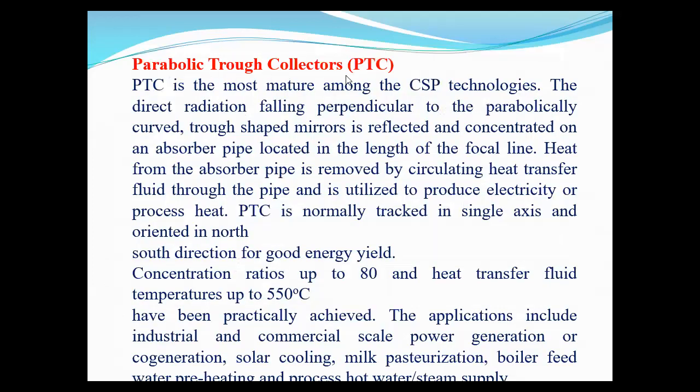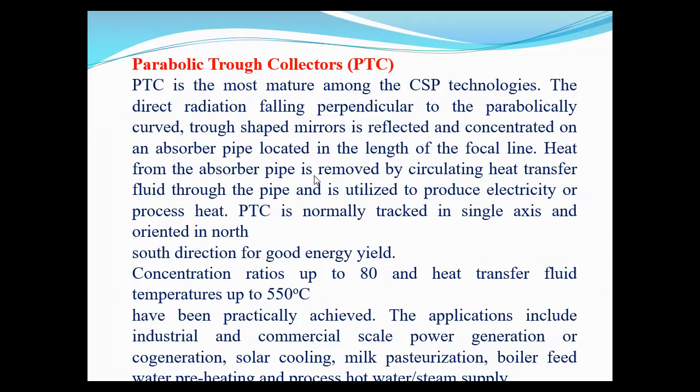The parabolic trough collector is the most mature among the CSP technologies. The direct radiation falling perpendicular to the parabolically curved, trough-shaped mirror is reflected and concentrated on the absorber pipe located along the length of the focal line.